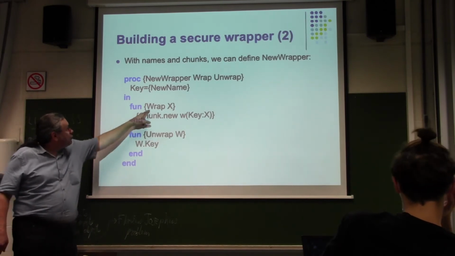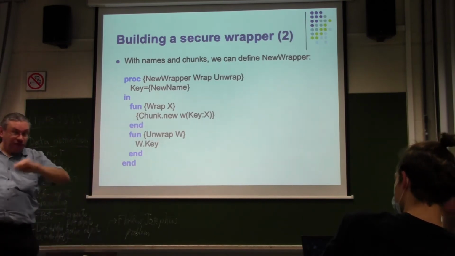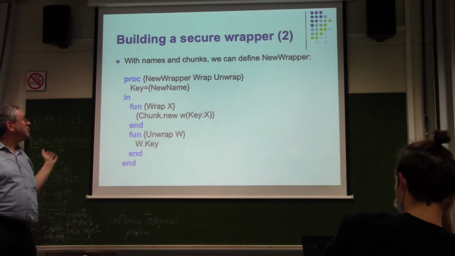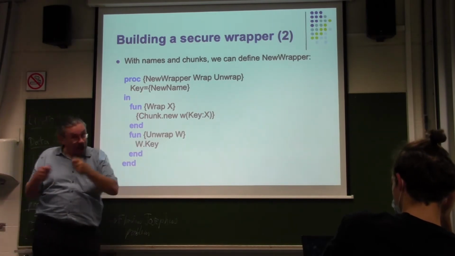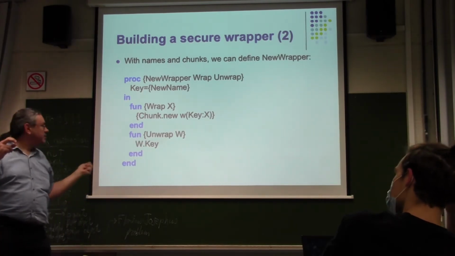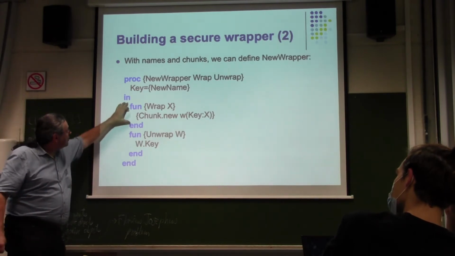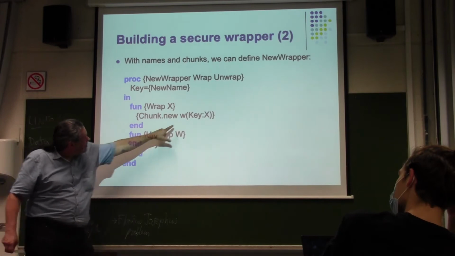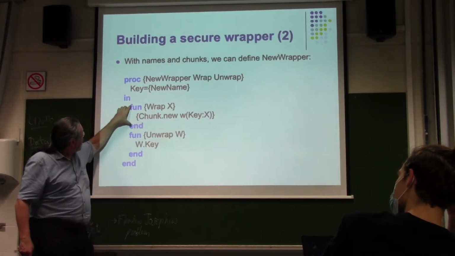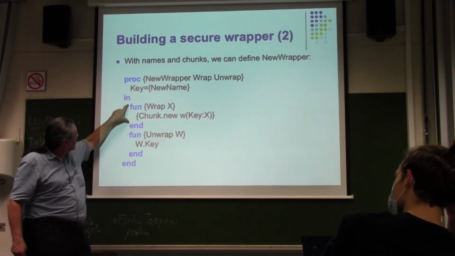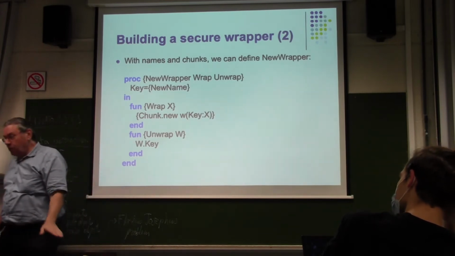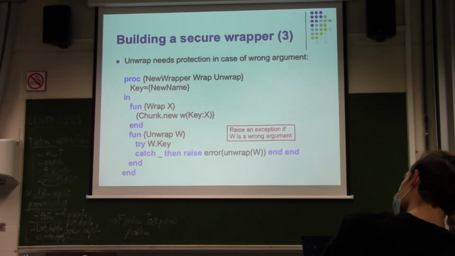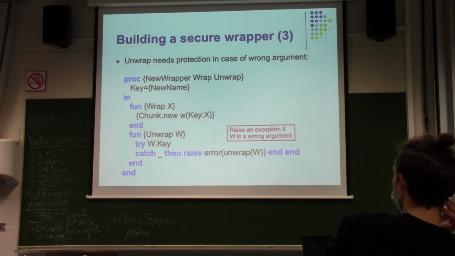And someone who knows wrap cannot find what the key is. It's impossible. And if you know unwrap, you cannot find what the key is either. It's impossible, okay? So these two functions, they both know the key. It's shared. They have this access to the key, both of them. But nobody else knows it, okay? Nobody else knows it.